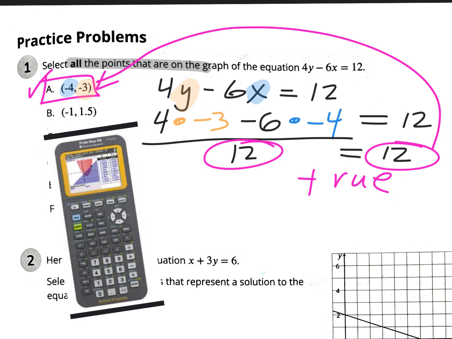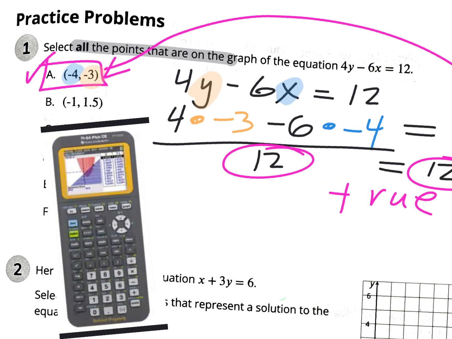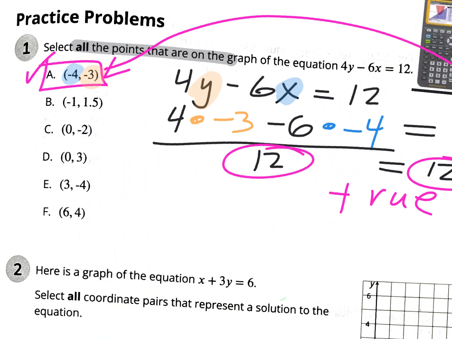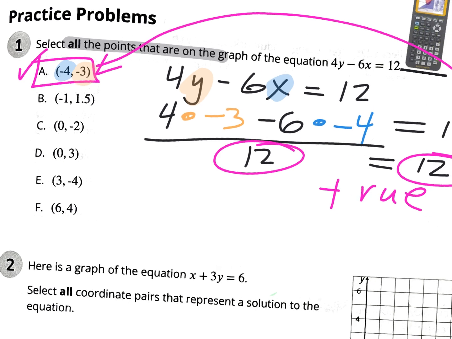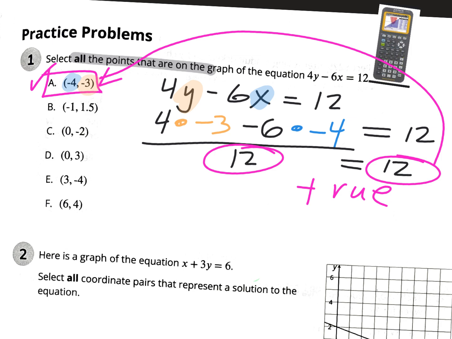So I've done the first one for you. Using this example, please take a minute to pause the video and see if you can figure out which of the other ones are also solutions, and then restart the video when you are ready to. So I'm hoping that you have taken the time to try it yourself.